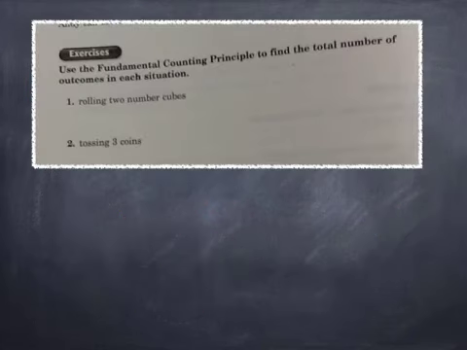So now that we know the fundamental counting principle, I'm going to associate our sample spaces to prove that the fundamental counting principle is true. So if we want to find the number of outcomes in rolling 2 number cubes, we have a number cube which the different outcomes are 1, 2, 3, 4, 5, and 6.